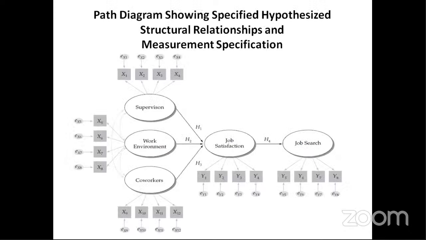A full-blown system is created, in which all the squares are used to represent that particular construct. So x1, x2, x3, x4 will combine. They are the statements which will be asked on the Likert scale to our respondents, and they will all combine to become supervision.